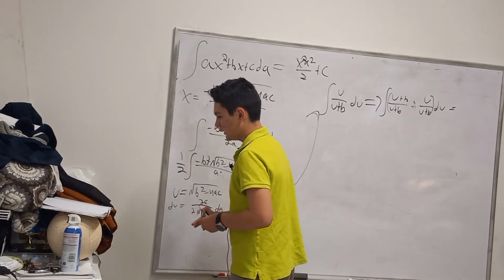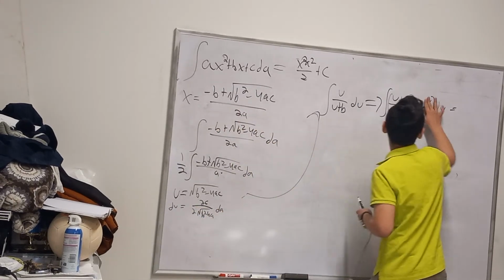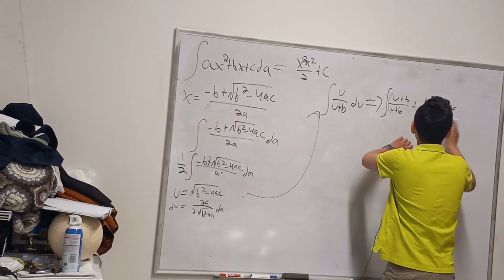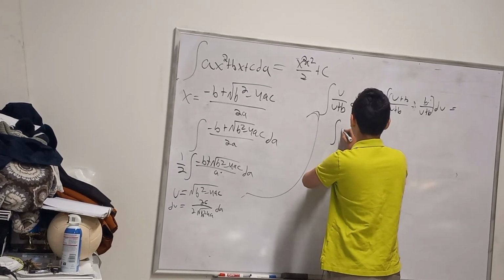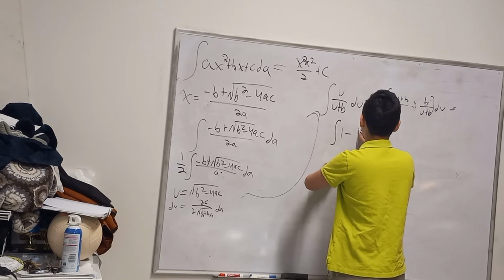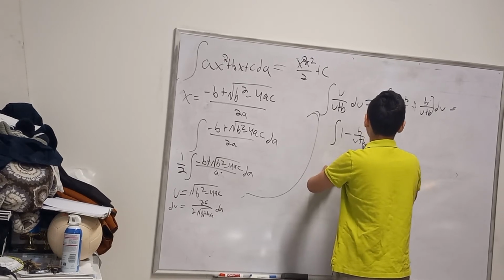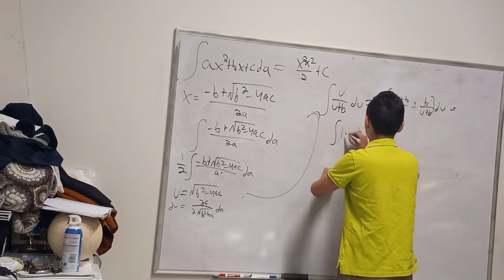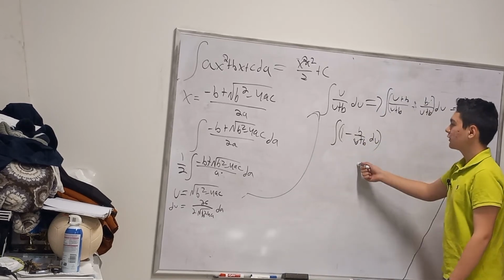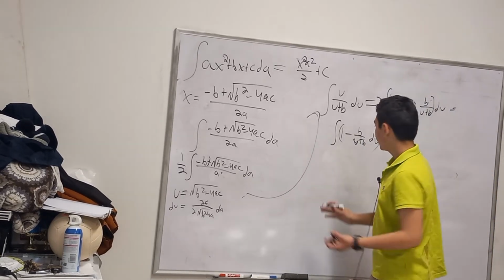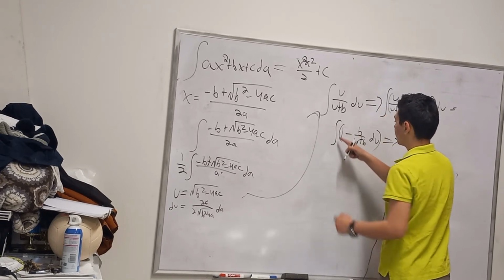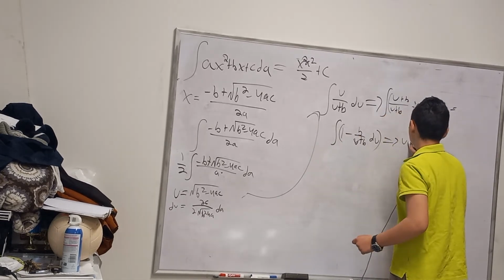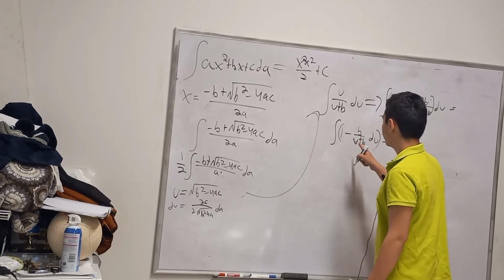Okay. Now, actually, no, this is b. My bad. We simplify that out. We'll get the integral of 1 minus b over u plus b du. Okay. Now we just integrate this normally. Okay. Just take the difference rule. It'll give us, so the integral of 1 du is just u minus b over u plus b.